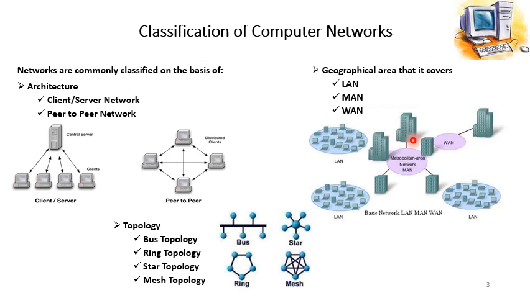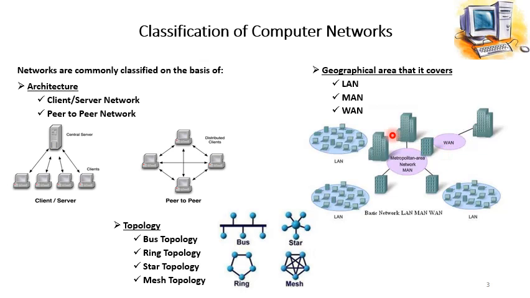And when different metropolitan area networks are combined together, or sometimes when a MAN is connected to another MAN in another city or in another area of the world, as a whole they will be called WAN, that is wide area network.